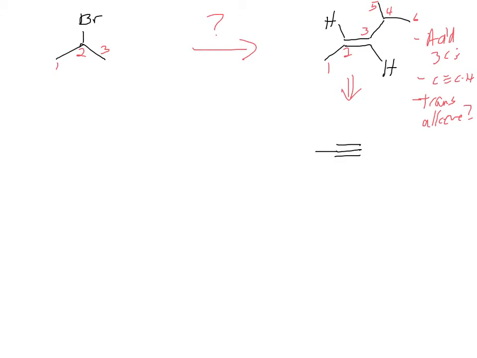Make sure our bond angles are good. 1, 2, 3, 4, 5, 6. We already noted over here an alkyne. We need a terminal alkyne to make a carbon-carbon bond. Which carbon-carbon bond should we make going one step back here? Between 3 and 4, I think. Good.